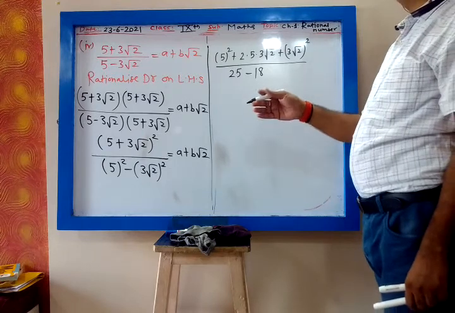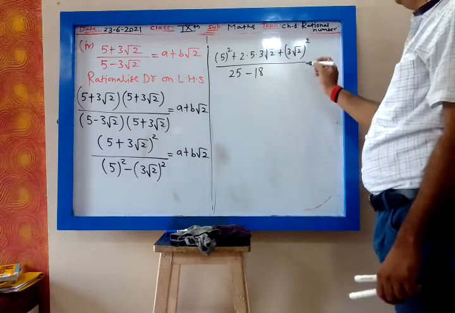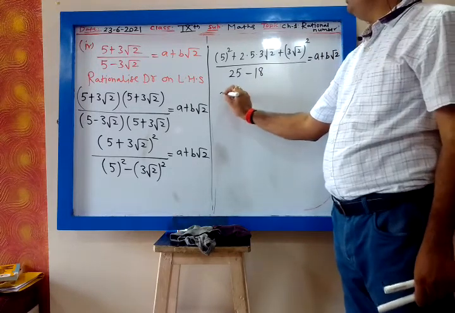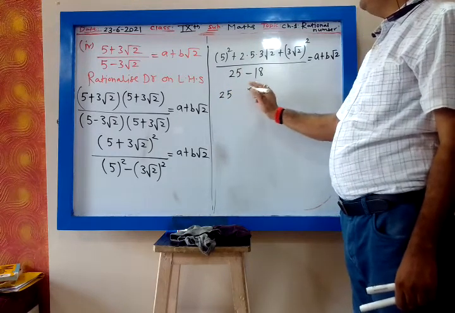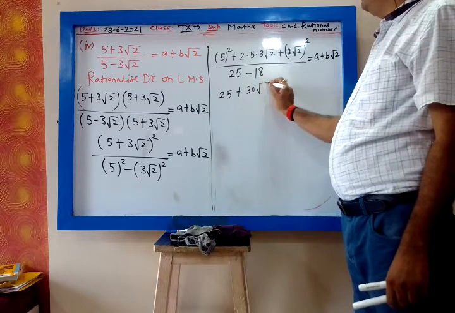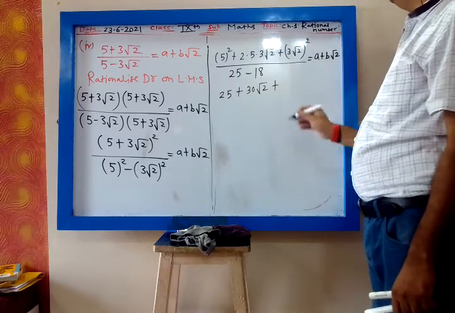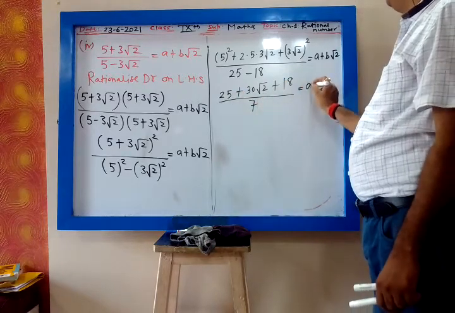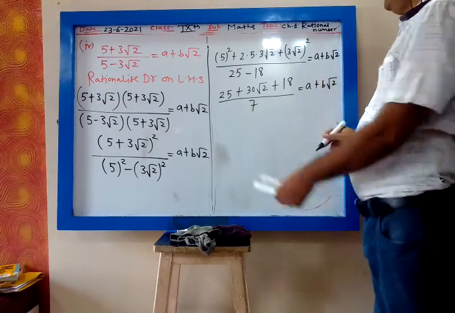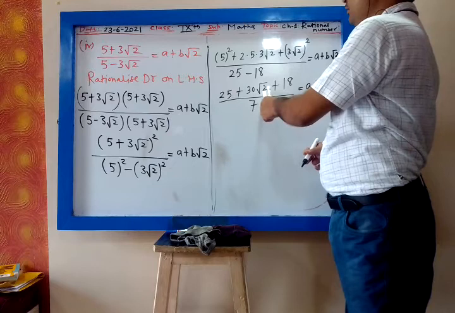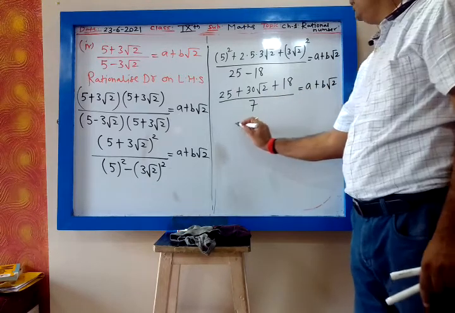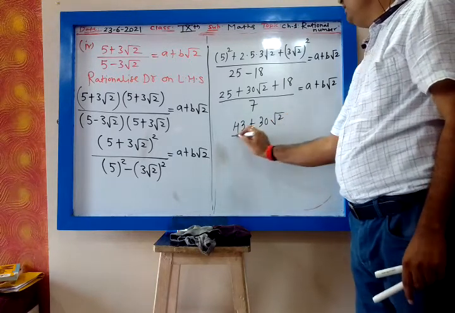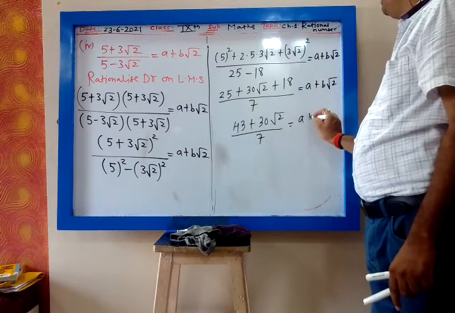So you can write directly 18, okay, is equal to a plus b root 2. 5 square is 25, 5 2s are 10, 10 into 3 is 30 root 2, plus (3 root 2) square, 3 square is 9, 9 2s are 18, upon 25 minus 18 is 7, is equal to a plus b root 2. 25 and this 30 root 2 you cannot add because root 2 is there. So 25 plus 18 is 43. 43 plus 30 root 2 upon 7 is equal to a plus b root 2.